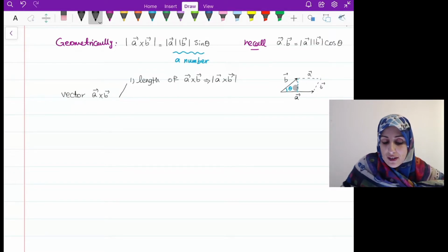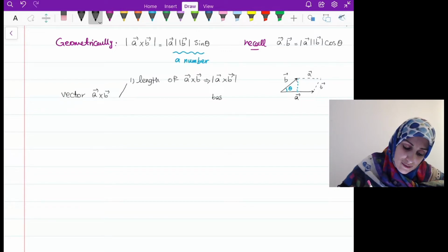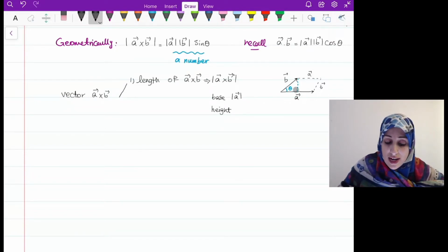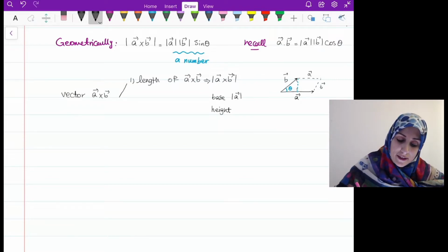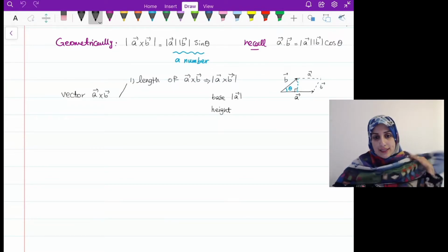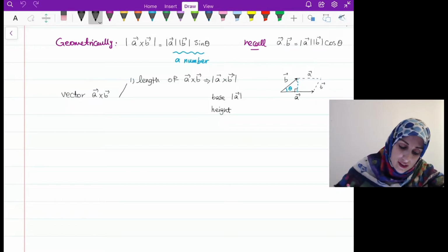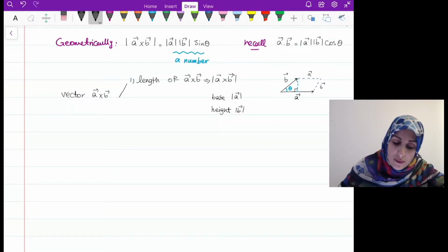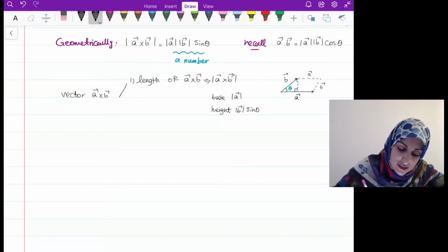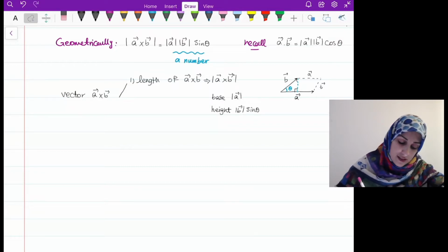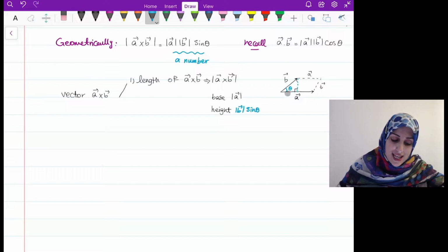So I can make a parallelogram, and in this parallelogram the base is a, so the base is the length of a, and the height of this parallelogram, considering this right triangle in here, is the length of b, the hypotenuse, times sine theta. Sine theta, that's the height.